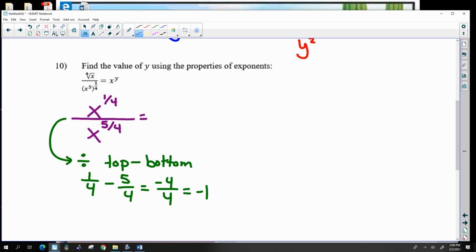So this comes out to be x to the -1, aka 1 over x. Okay, but we want this to just be a straight up x kind of answer, because this is ultimately equal to x to the y. So if x to the -1 is equal to x to the y, that implies that y is equal to -1.